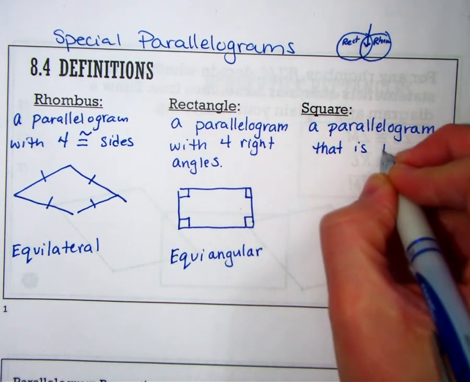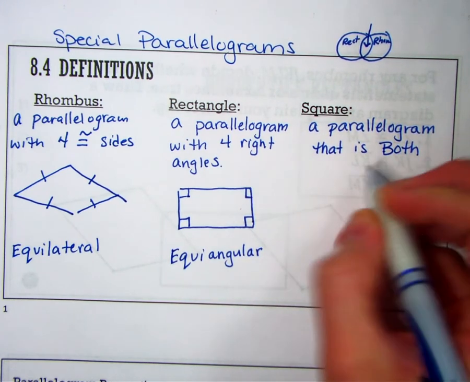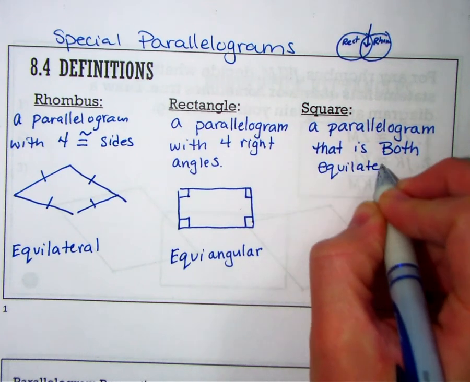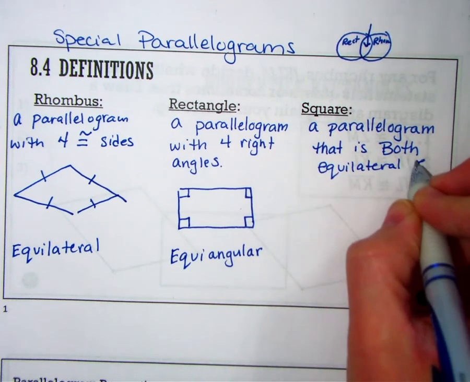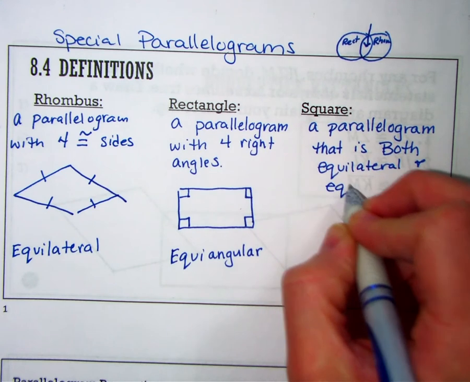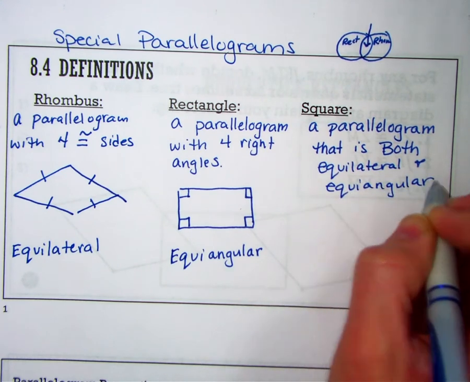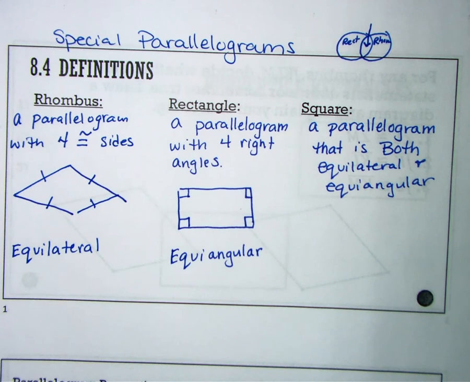that is both equilateral and equiangular. And there's a fancy word for saying that. If it is both equilateral and equiangular, there's another word for that. So I'll put a picture here.